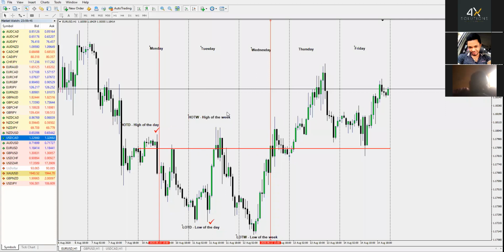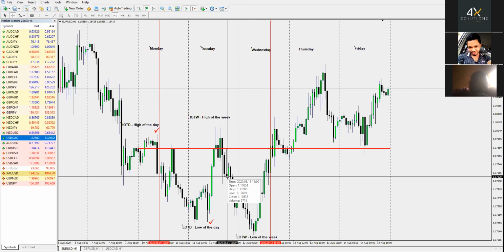Now, what I said earlier, that from Monday kill zone to Wednesday New York Open, generally with a 90% accuracy, we can determine that somewhere in these 3 days, the high of the week or the low of the week will be set. Okay, and when that is set, price will then continue its trend.